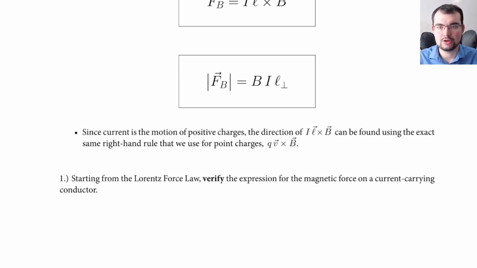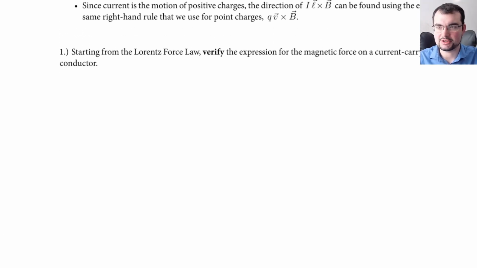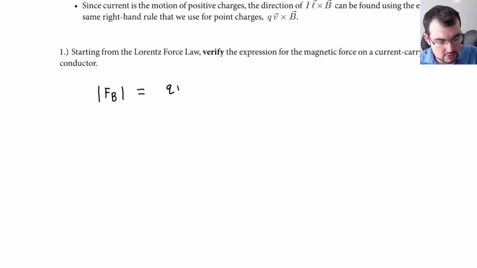Because remember, in our QV cross B, it's our right-hand rule, and you need to have some sort of perpendicular velocity. So this IL sort of encodes perpendicular motion. So first we'll verify this, and we'll do more of an intuition-based proof. There's a much more involved proof using drift velocity, but remember that the magnitude of the magnetic force is given by QV perpendicular times B. Now, if you wanted the full force, you could, of course, do this with cross products.